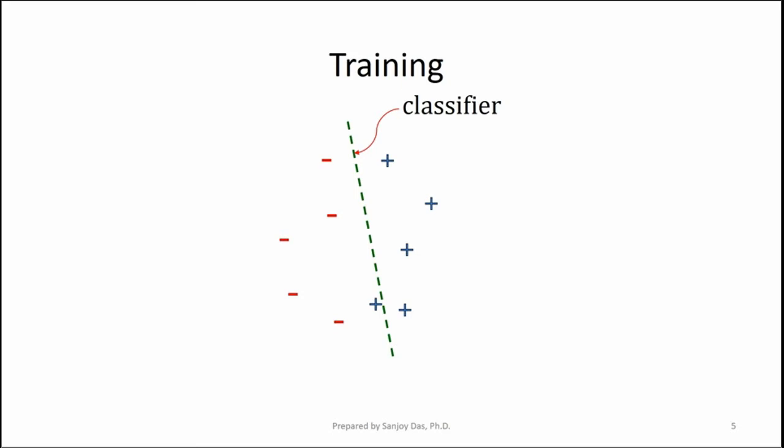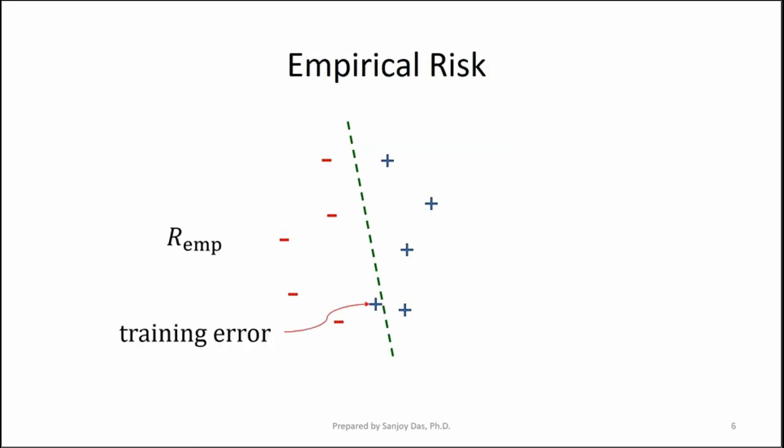And this green dotted line is the classifier, and it does a good job in the classification, but there is one little training error, which is natural. And so the expected value of that training error will be Rm, which is the empirical risk.